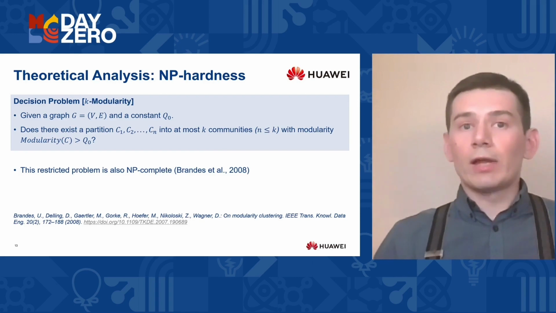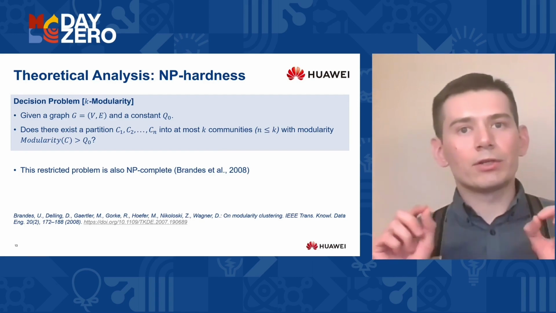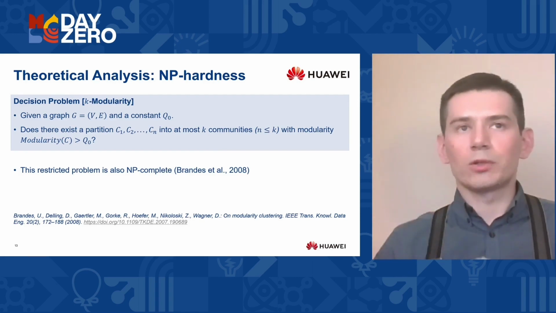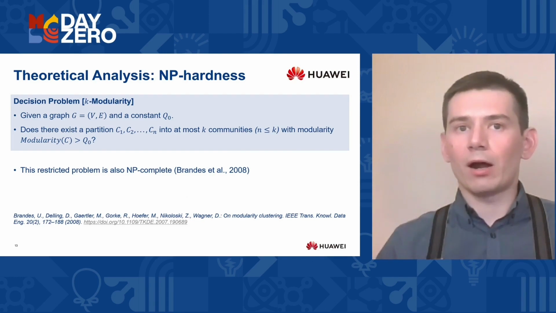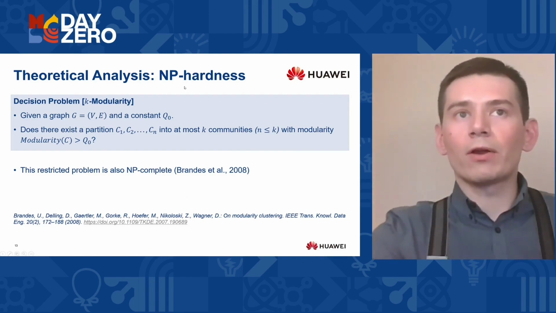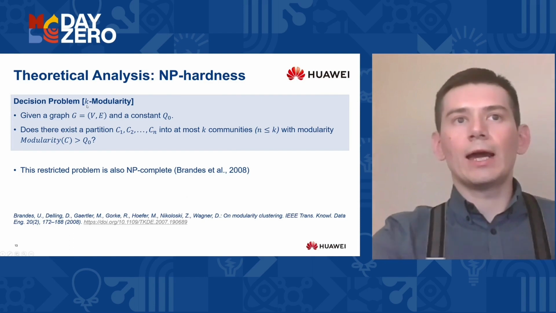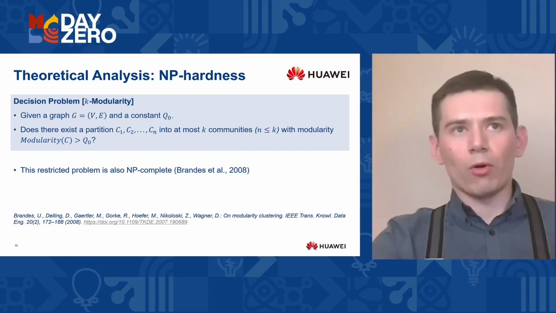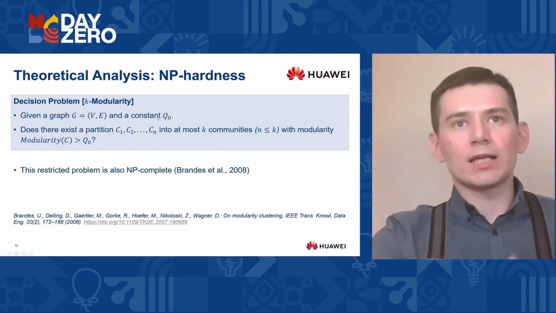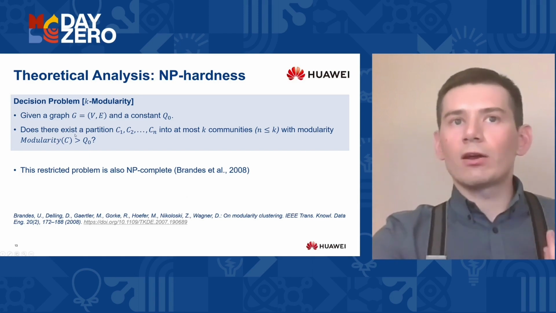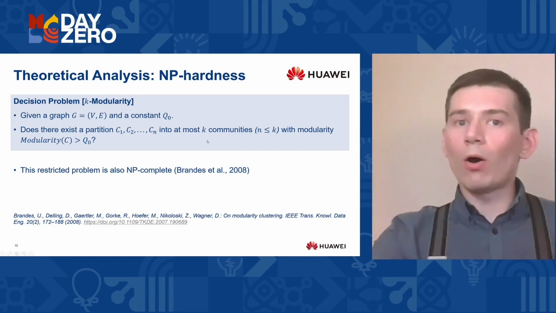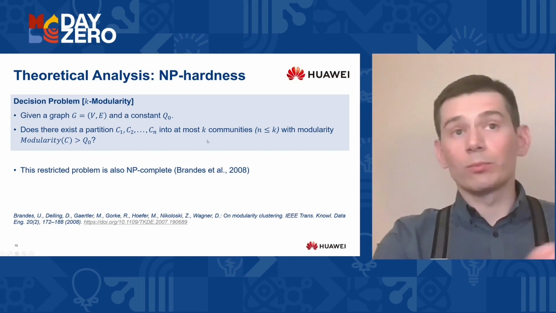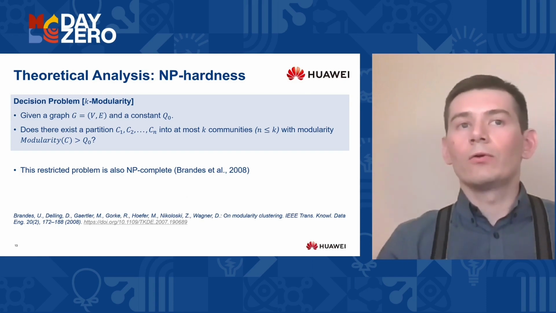Even so, the restricted version of the modularity optimization problem is also NP-hard. For example, for every constant k, we consider an individual decision problem: given a graph G and some constant Q0, does there exist a partition with at most k communities with modularity higher than Q0?